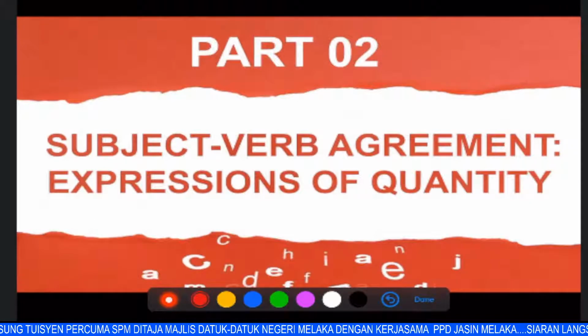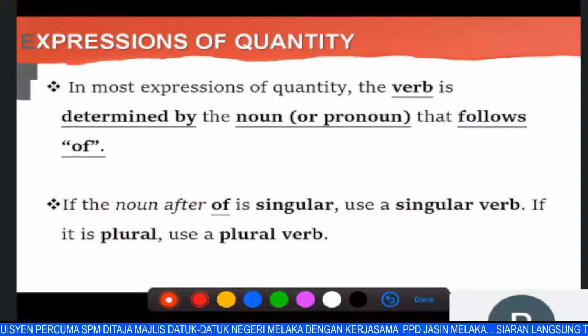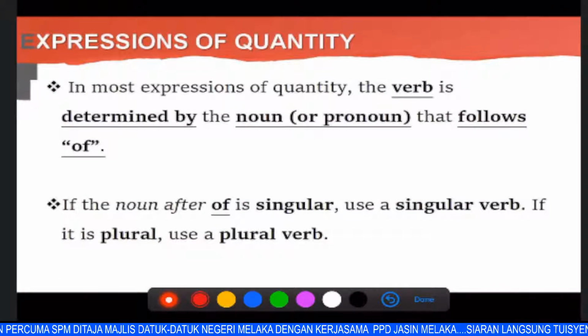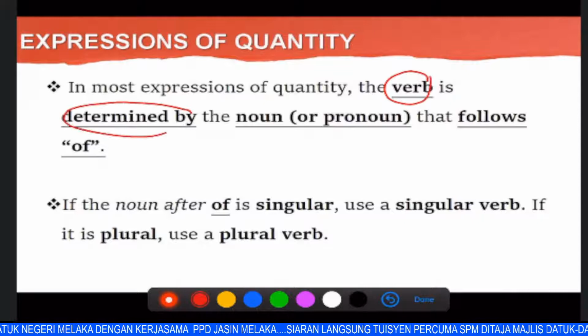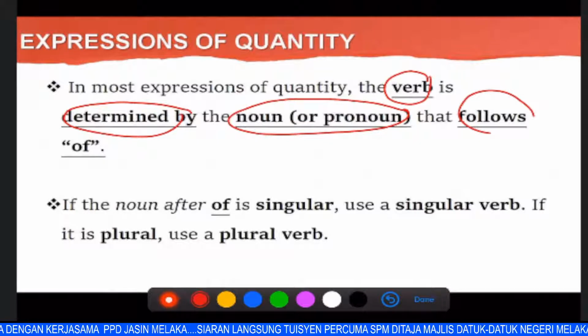Expressions of quantity. In most expressions of quantity, the verb is determined by the noun or pronoun that follows of. This one is important.